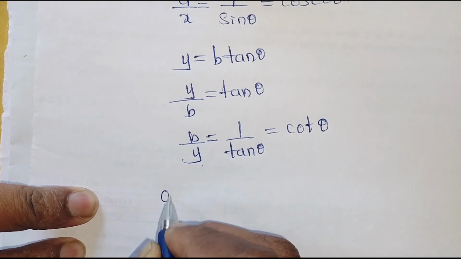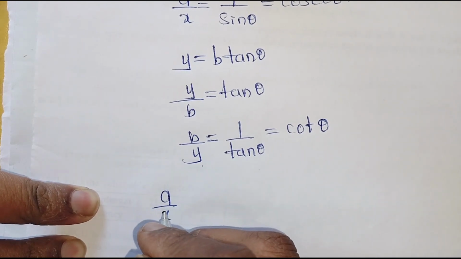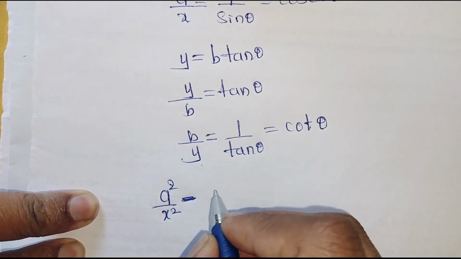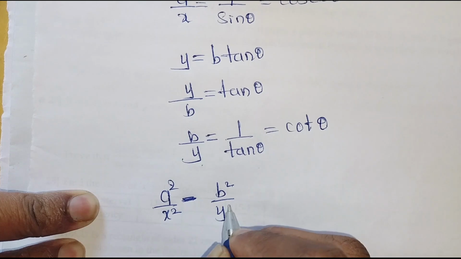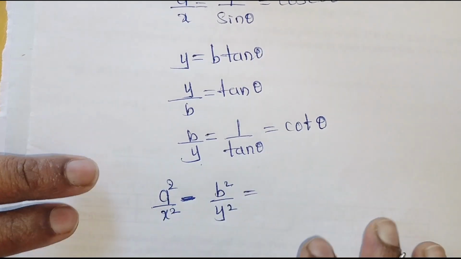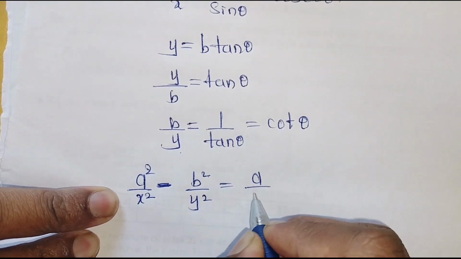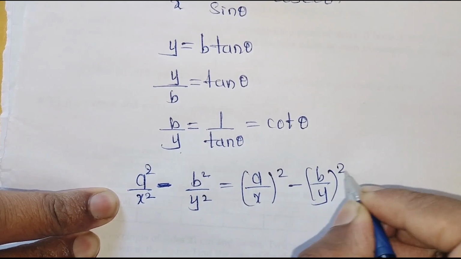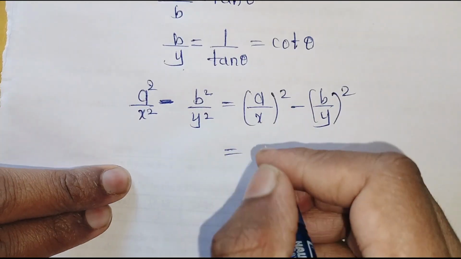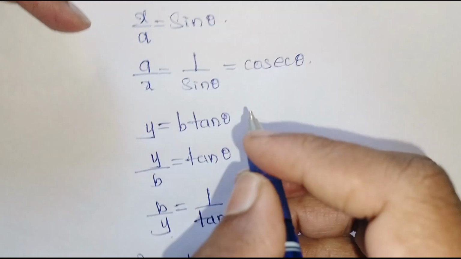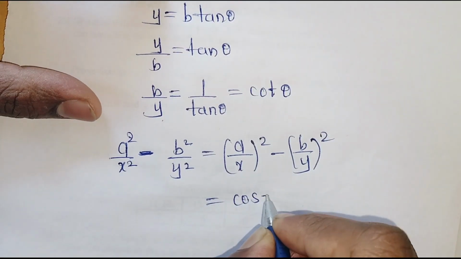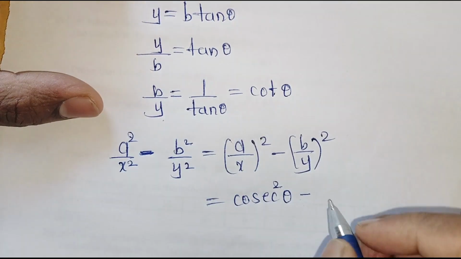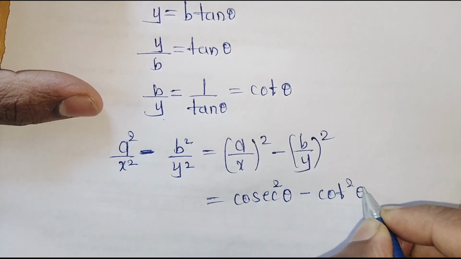That is, a square by x square minus b square by y square equals a by x whole square minus b by y whole square. We know a by x is cosec theta, that is cosec square theta, and b by y is cot theta, that becomes cot square theta.